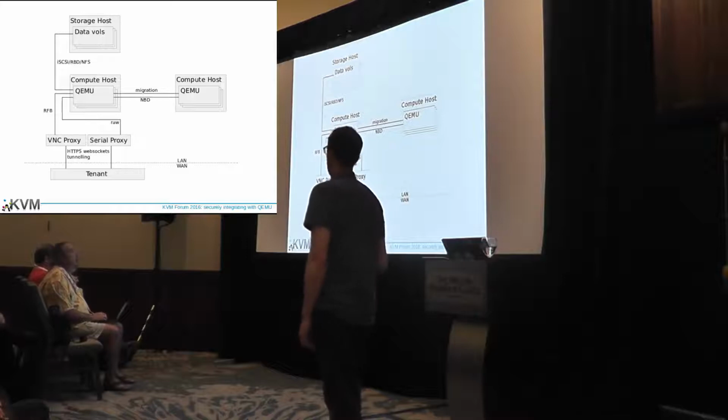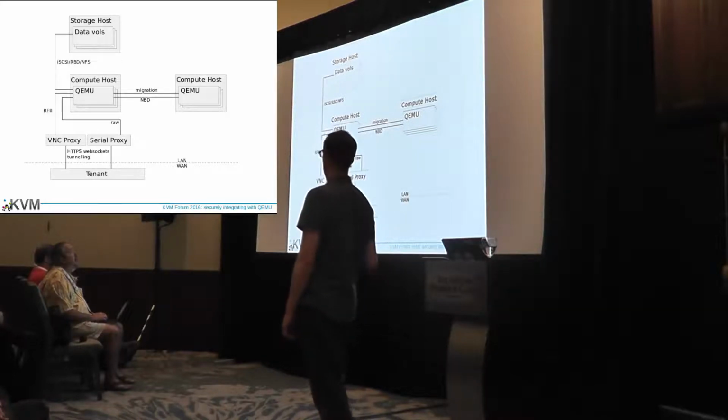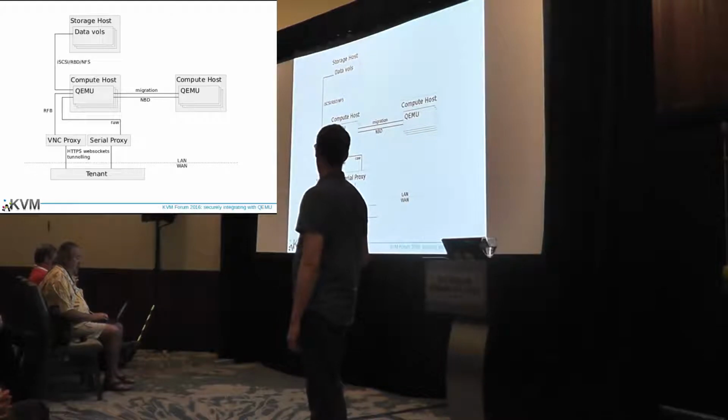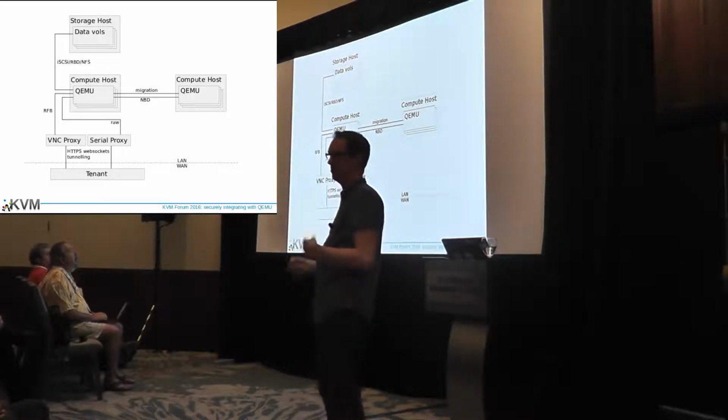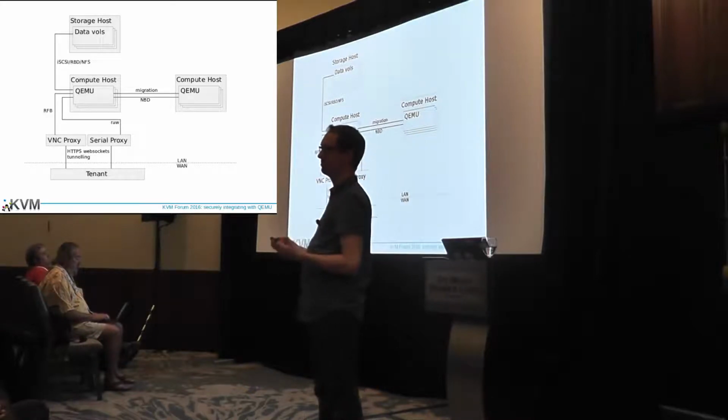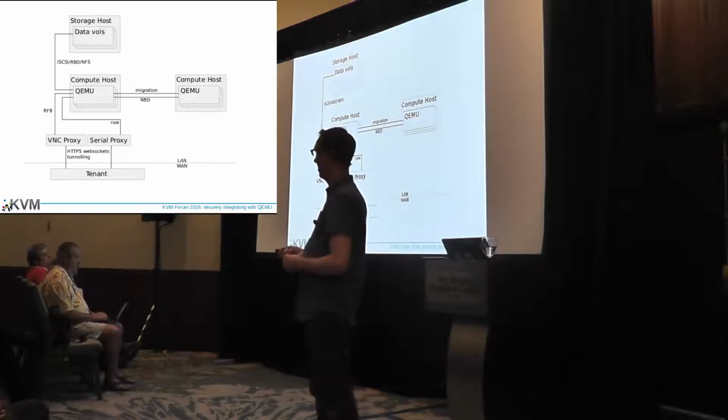And if you're doing block migration, you'll also have an NBD network connection between the two hosts. You probably have a network connection to your storage, whether it's iSCSI, RBD, or NFS, or some other network-based storage. RBD is the most popular in OpenStack land.